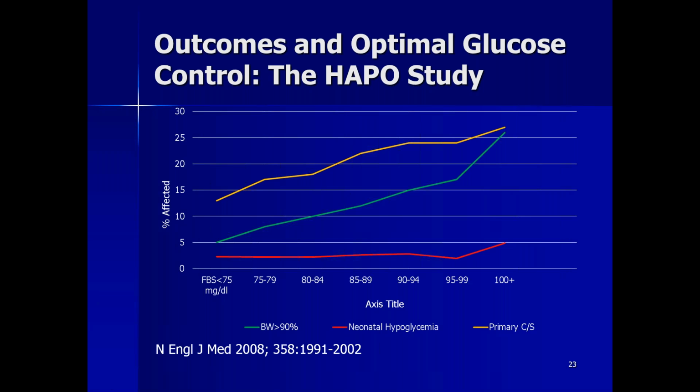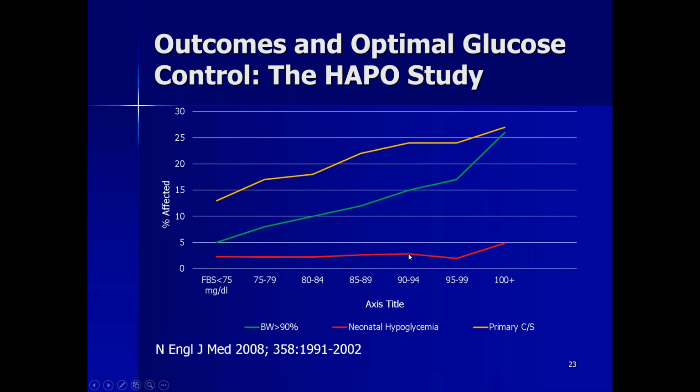You can see that the green, red, and yellow lines representing birth weight, neonatal hypoglycemia, and primary cesarean section rates have gradual increases. There is no one point for most of those complications where you see a significant uptick until you get to the point where your fasting sugars were over 100.